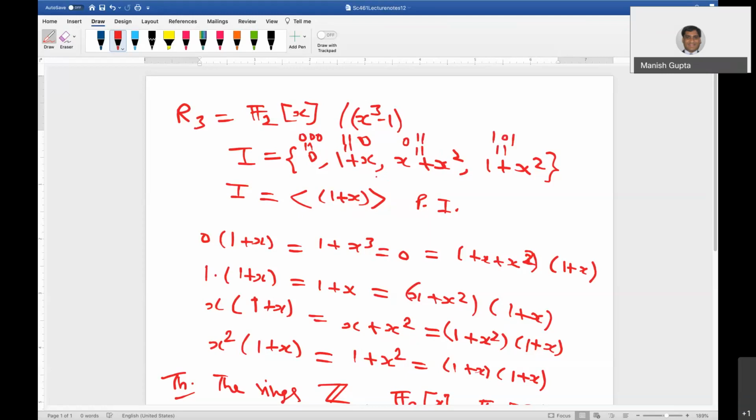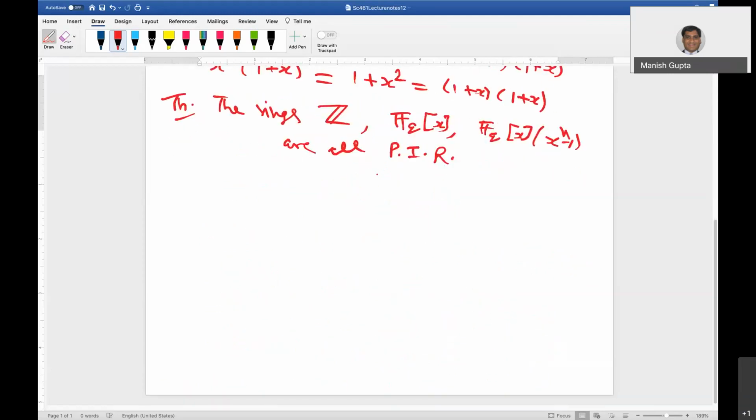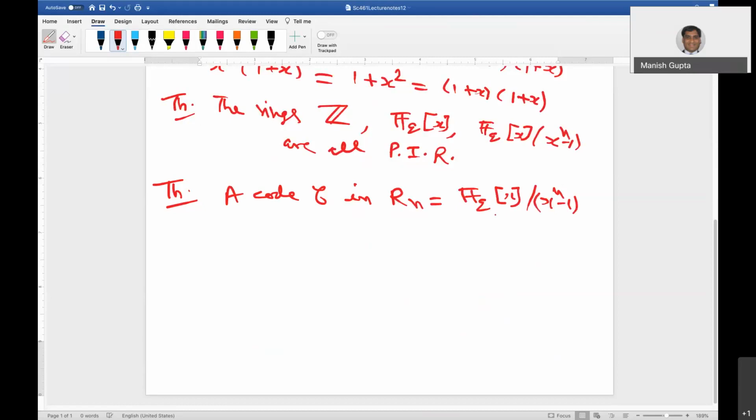So I can write it down properly as a theorem. A code C in Rn, what is Rn? Rn is nothing but Fq[x] modulo x raised to the power n minus 1. A code C in Rn is a cyclic code if and only if C satisfies the following properties.